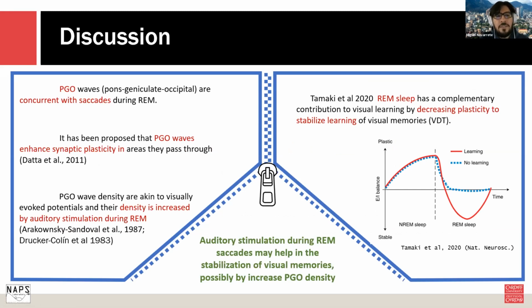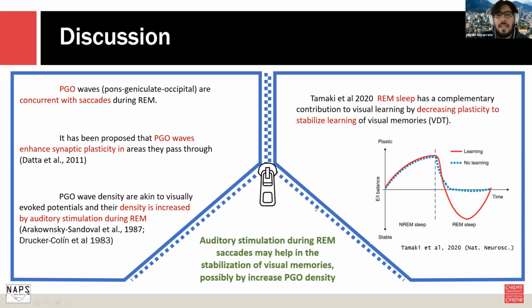The PGO waves have also been proposed to be related to synaptic plasticity. And we also know that auditory stimulation during REM increases the density of PGO waves. There is a very new paper by Tameki et al. that demonstrated that REM sleep has complementary patterns with non-REM sleep, where non-REM sleep was increasing plasticity, whereas REM sleep was stabilizing learning.